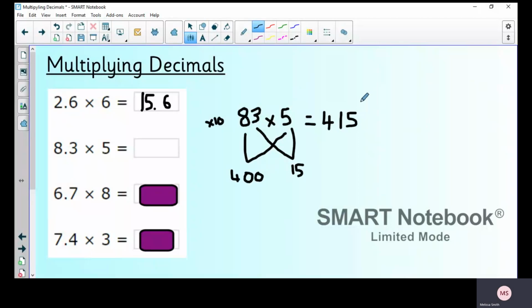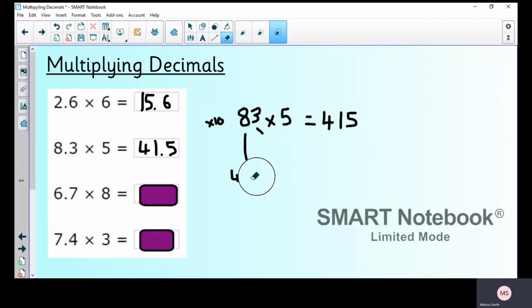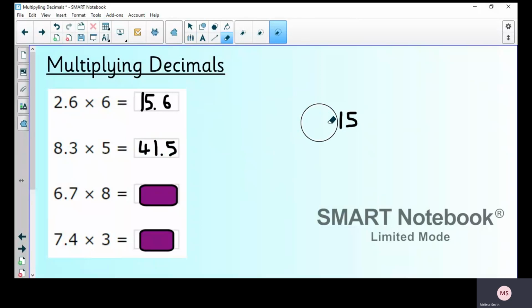I need to remember to divide by 10. So what will my answer be? 41.5. Good. Okay, you can pause the video here and you can have a go at the next two questions if you haven't already.